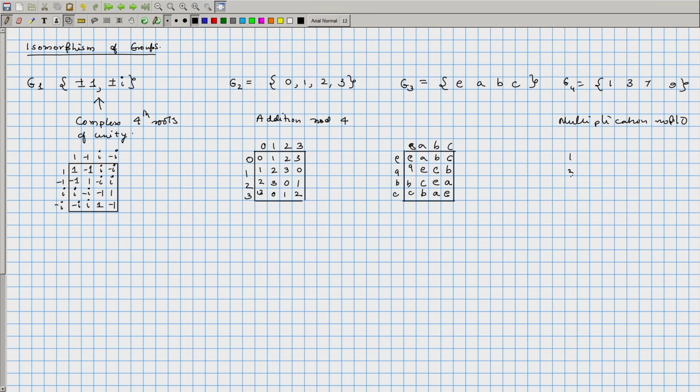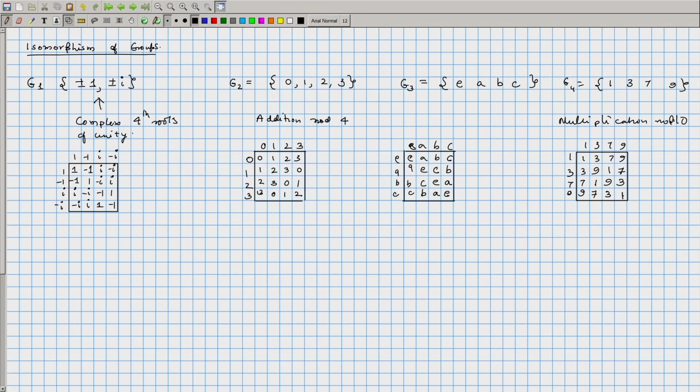So, 1, 3, 7 and 9 are going to serve as the elements, and 1 is going to play the role of identity. 3 into 3 is 9, 3 into 7 is 21, mod 10 that is going to be 1, 3 into 9 is 27, that is going to give 7. 7 into 3 is 21, that is 1, 7 into 7 is 49, that is going to be 9 mod 10, 9 into 7 is 63, that is 3 mod 10. So, you can fill up this table.